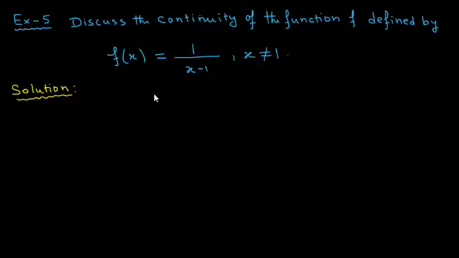So the next example is: discuss the continuity of the function f defined by f(x) is equal to 1 upon x minus 1 where x is not equal to 1.